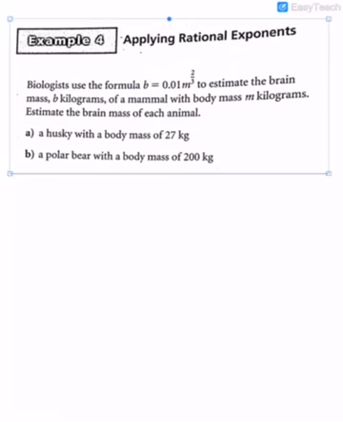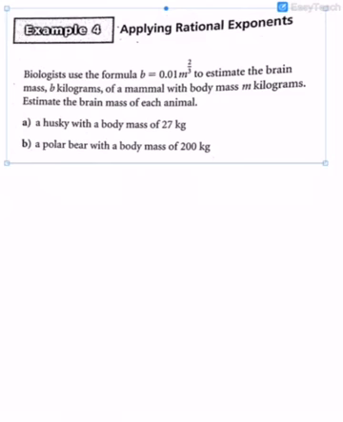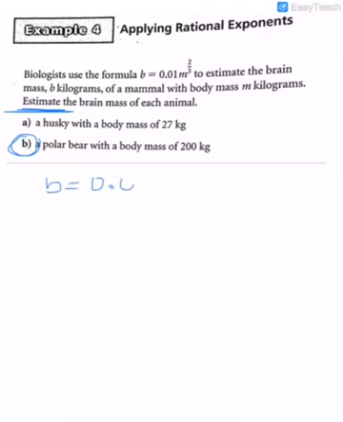Now let's look at part B, because part B doesn't work nicely with the numbers, but it does say estimate. So when we're estimating, we can use our calculators on this, and it doesn't need to be exact. So B equals 0.01, and then it's 200 to the power of 2/3. So your calculator actually does have a button that can do this for you.